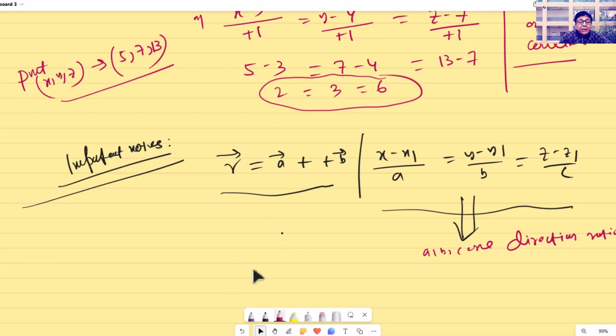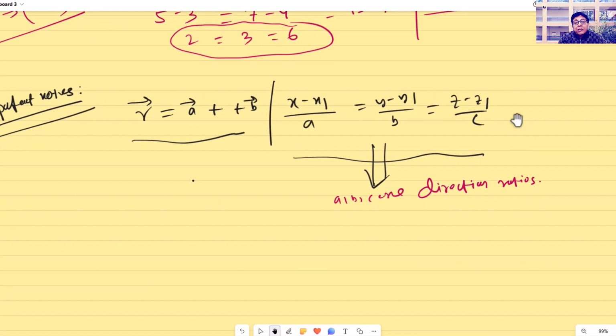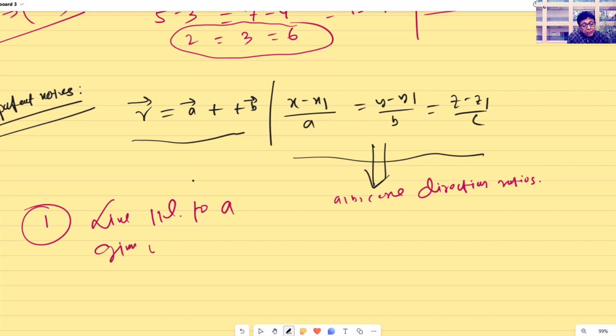If I want to write a line parallel to this line, how can I write? Which quantity is going to be changed, either in vector form or scalar form? So first observation: to write a line parallel to a given line, which quantity is going to be changed? The line given is either in vector form or in scalar form. So you will be changing the point on the line, that is a. b will remain the same.